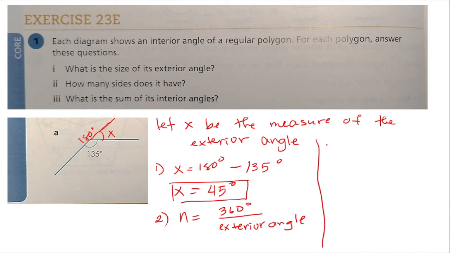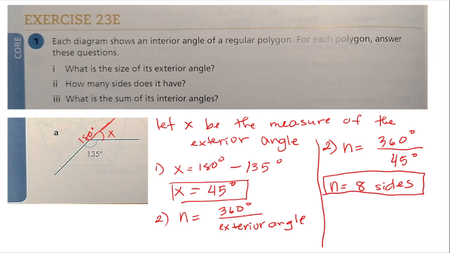So, ang sagot natin sa number 2, n is equal to 360 degrees divided by, ang exterior natin dito sa number 1 is 45 degrees. So, the number of sides of this polygon is 8 sides.